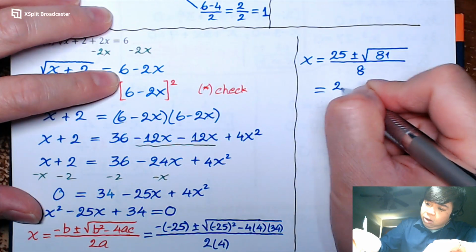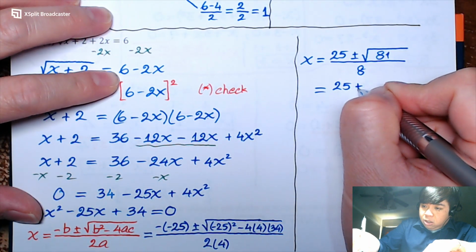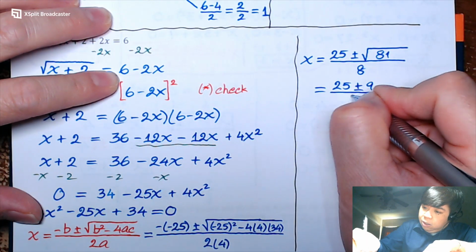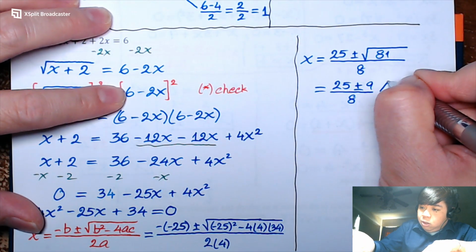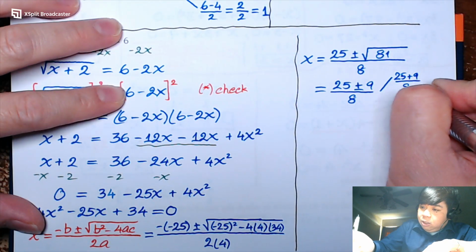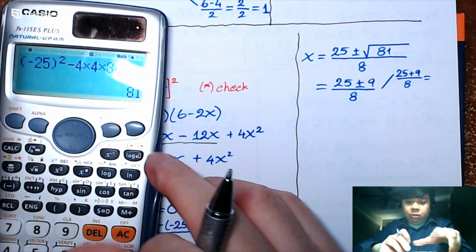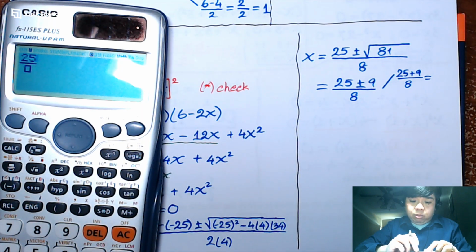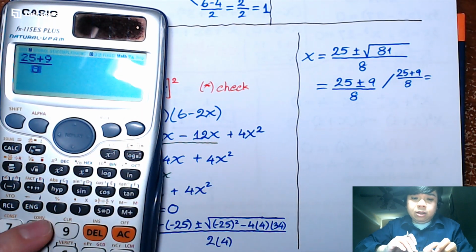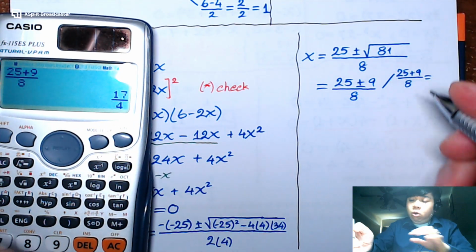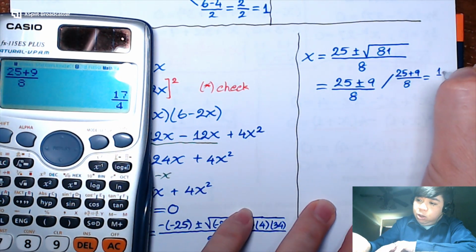So we have 25 plus or minus the square root of 81, which is 9, over 8. So 25 plus 9 over 8, we have 34 over 8, reduced to 17 over 4.